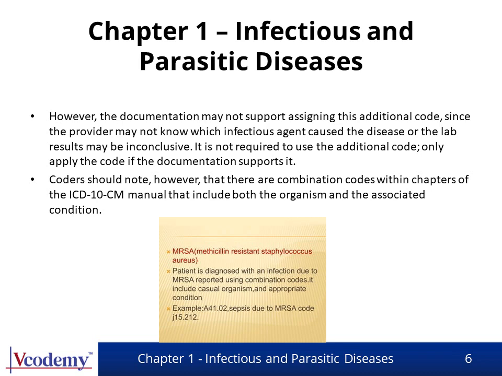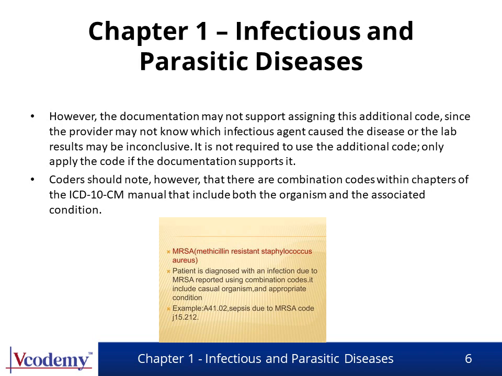However, the documentation may not support assigning this additional code since the provider may not know which infectious agent caused the disease or the lab results may be inconclusive. So it is not required to use the additional code. Only apply the code if the documentation supports it. As a coder you will be reading the medical chart, and that document should contain this information about the infectious agent.